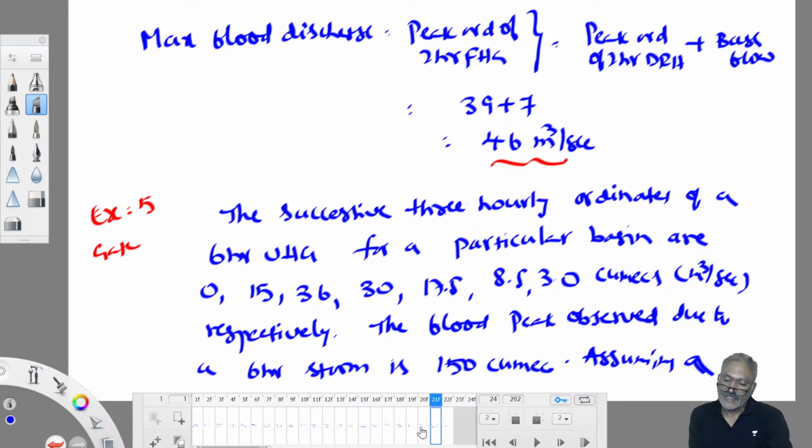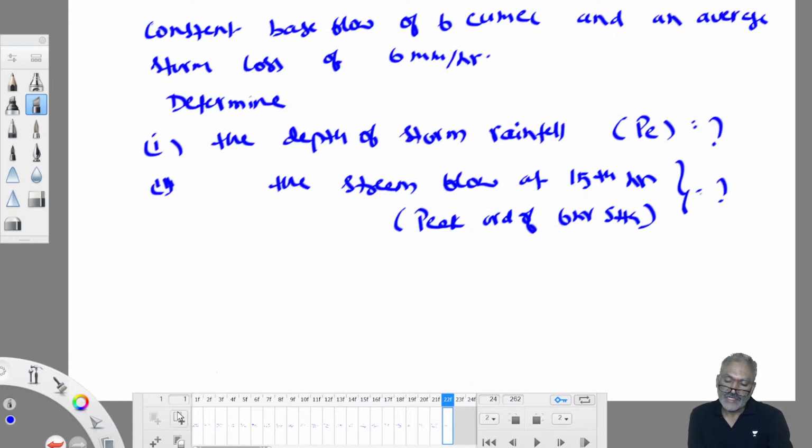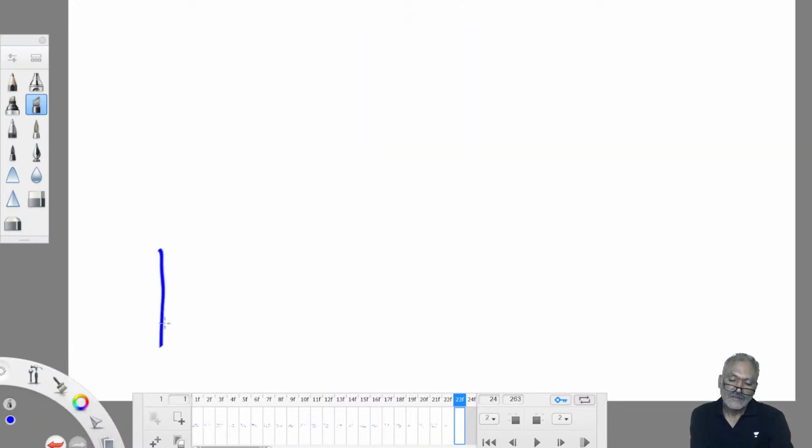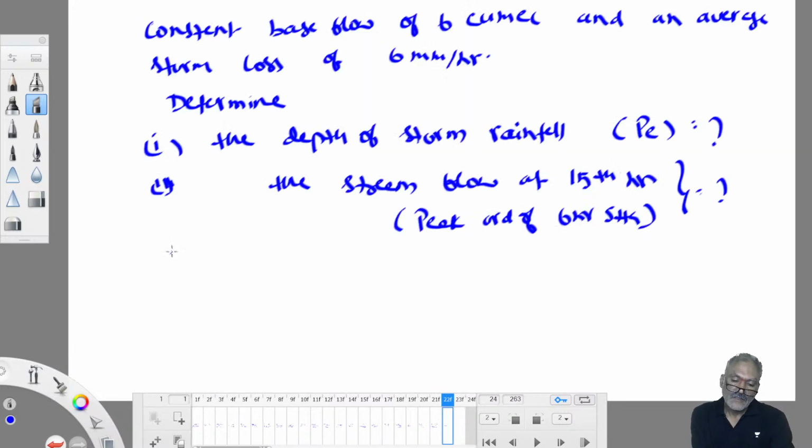So I'll explain you, listen now. He has given ordinates of the unit hydrograph. The first one is 0, the last one is also 0.